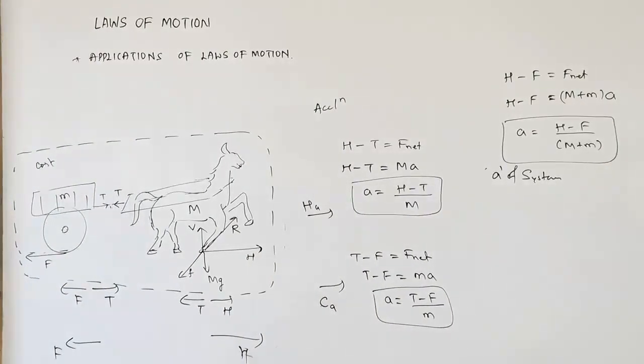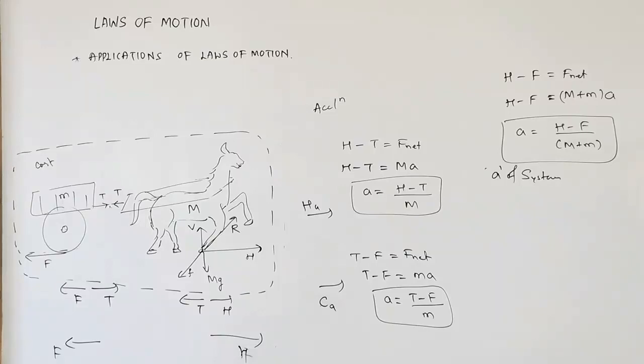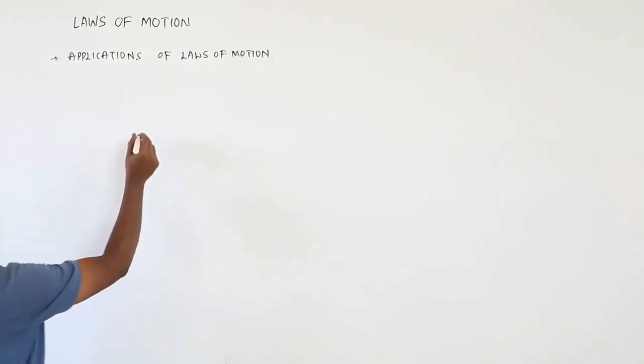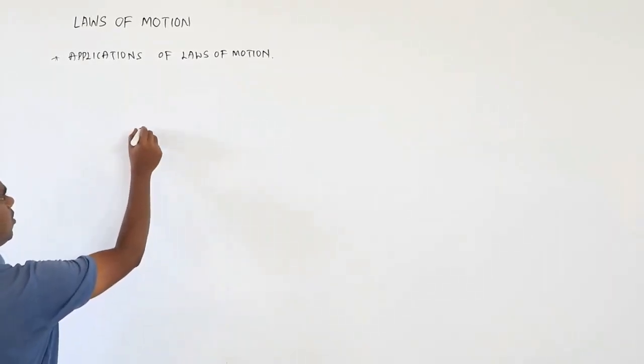This is a small example where we can find the acceleration of different bodies which are connected. One more very popular example I will take is what we call pulley block problems.